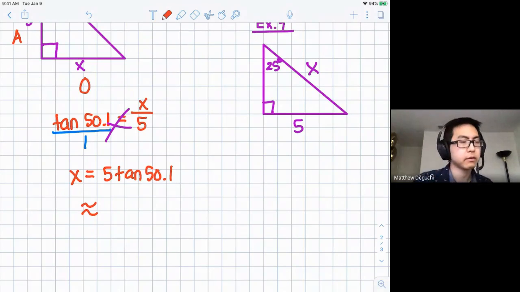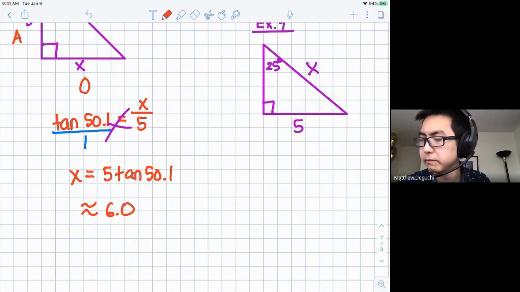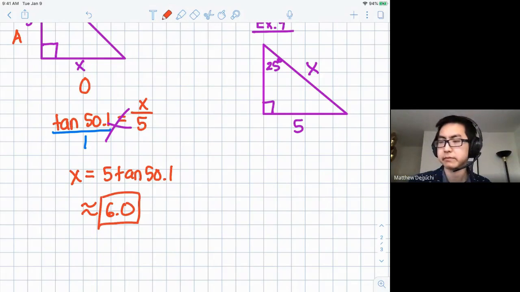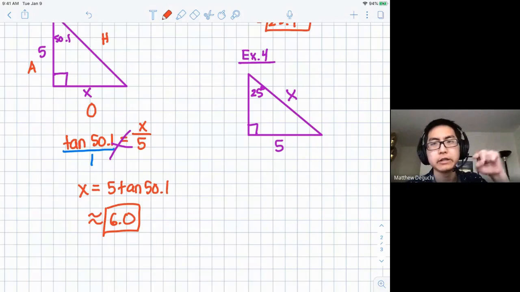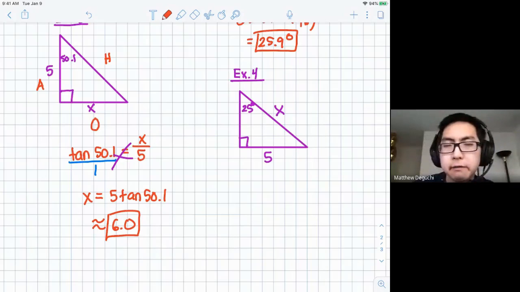So plug in on your calculator tan 50.1, calculate that, and then multiply it by 5. And your length should be around 6.0 for that one. So tangent of 50.1, calculate that, and then multiply it by 5.